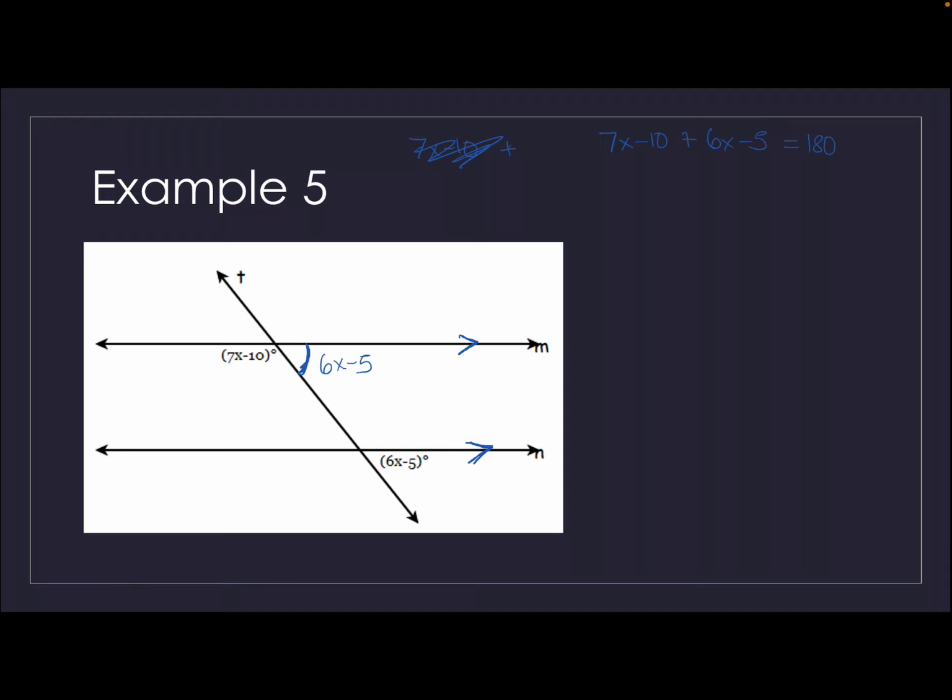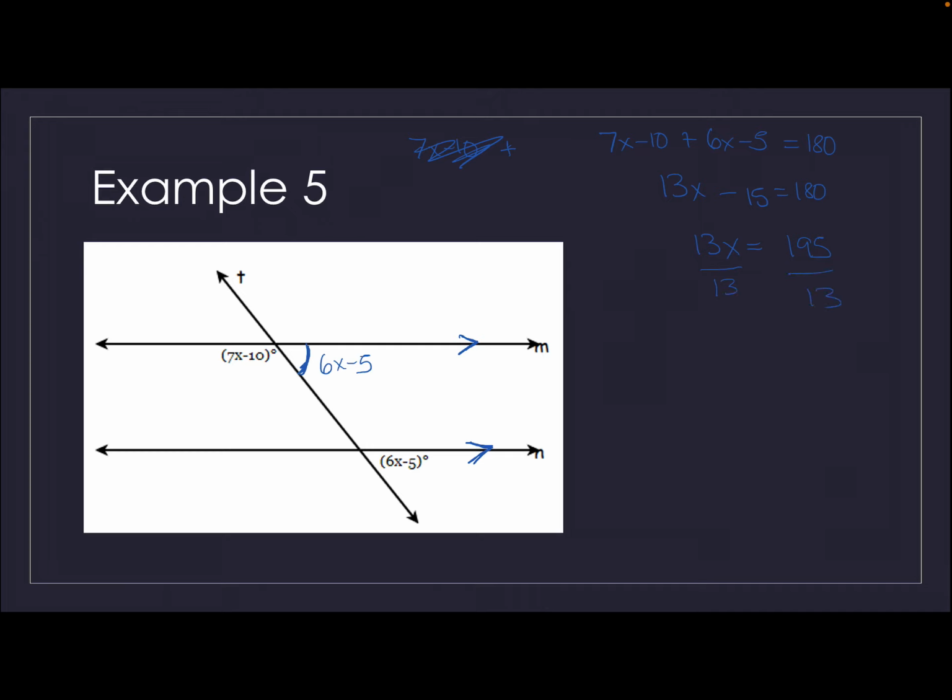So now we're going to get 13x minus 15 equals 180. We add 15 to both sides, so we get 13x equals 195. You divide both sides by 13.